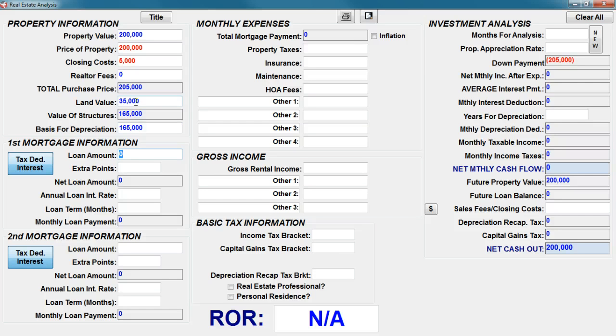Now, in a standard purchase, especially if you have a number of loans out there, you're going to be on the hook for at least 20%, if not 25% down payment. So if we use a loan to purchase the property, let's say a $160,000 loan, and we're not paying any extra points. And let's just say that we end up with a 6% loan. Now I know today that we could get lower interest rates, but let's analyze this in a situation that maybe we've got a number of loans outstanding already.